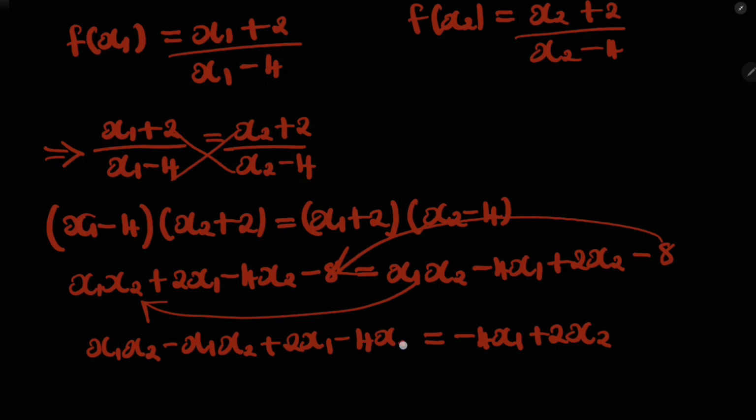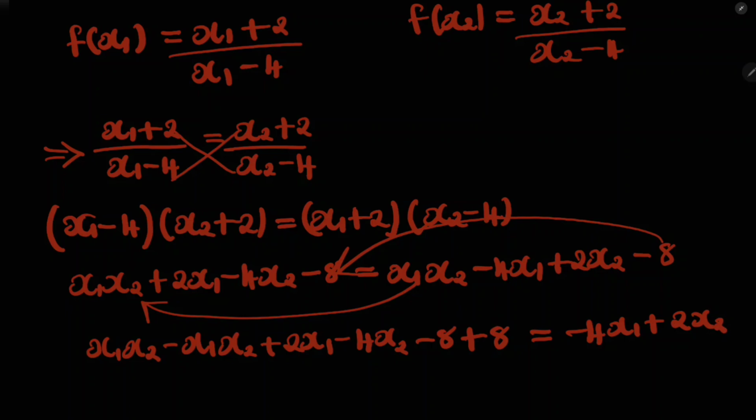Oh gosh, I did. So let me just erase this. So we have a minus 8, and when it crosses over, its sign changes to positive 8, now equal to minus 4x1 plus 2x2.